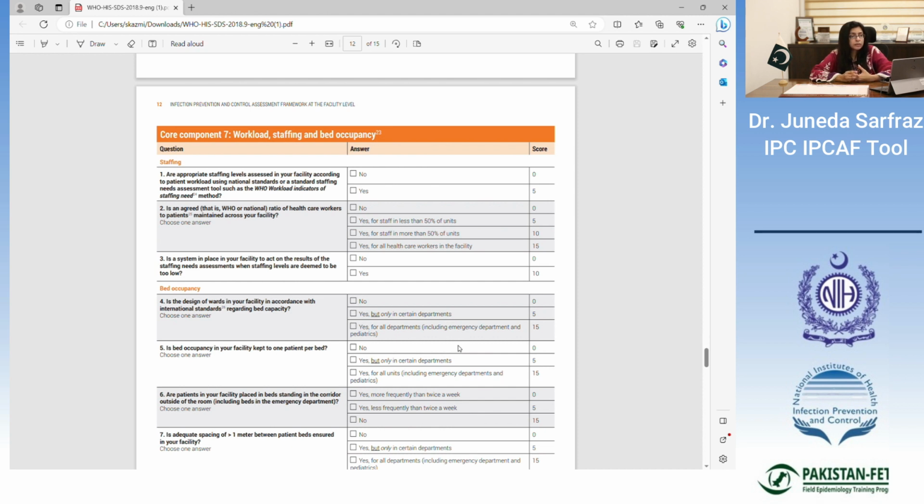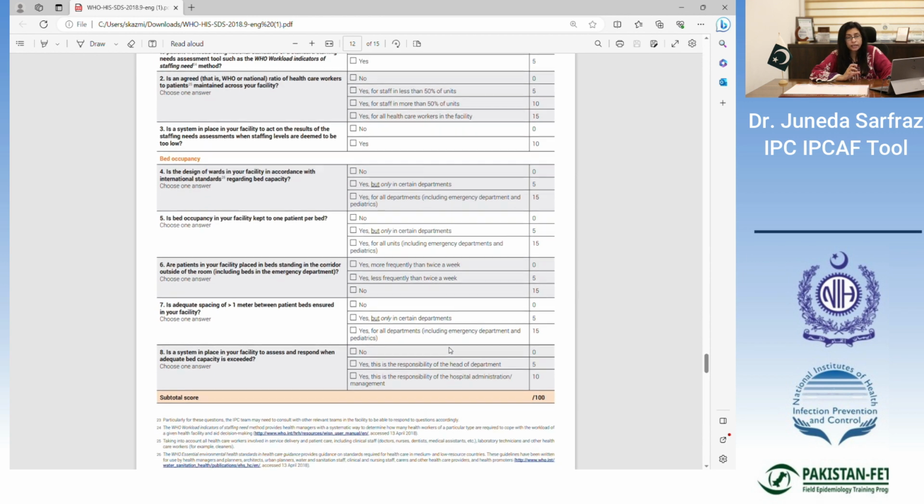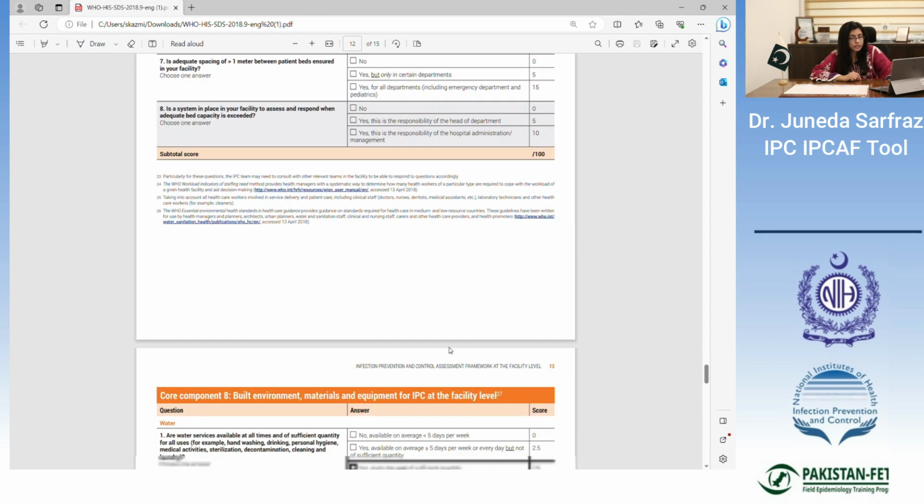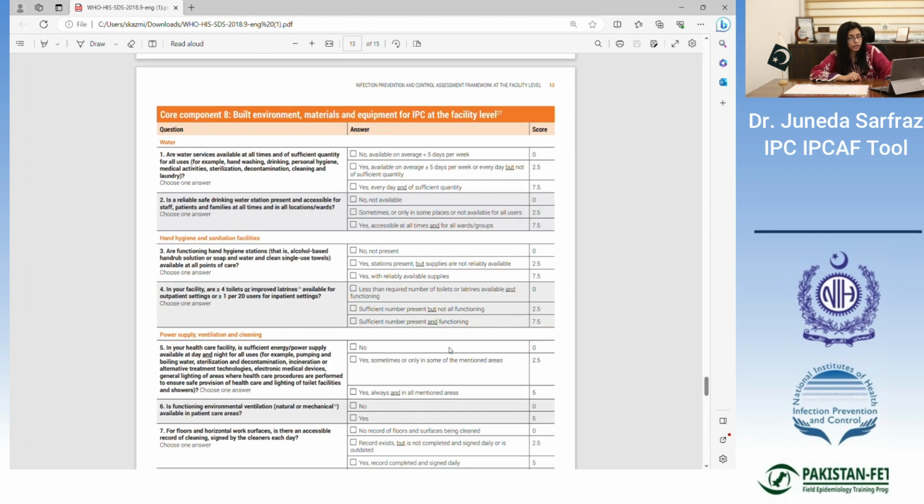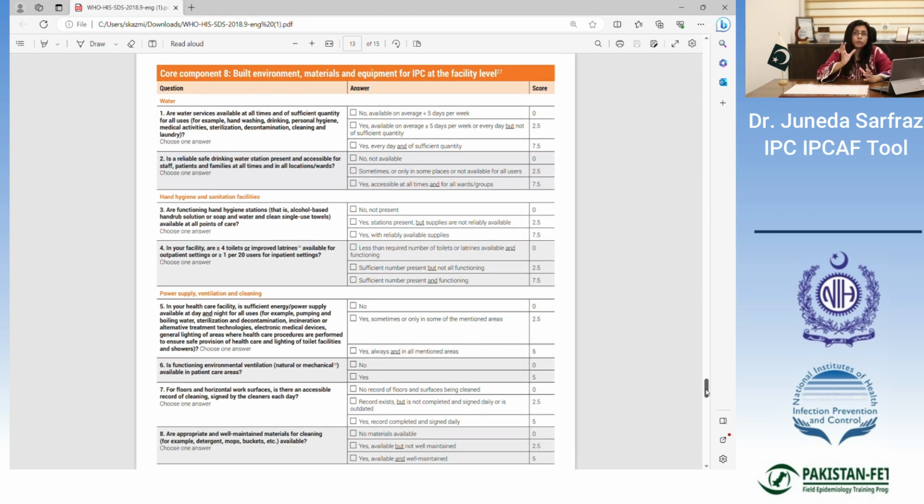For staffing and bed occupancy, the questions are different and they are graded as well, and depend on what the situation is. The person can fill this up and get a subtotal score out of 100. The last one is the core component that includes the built environment, the materials, and the equipment for IPC at the facility level.